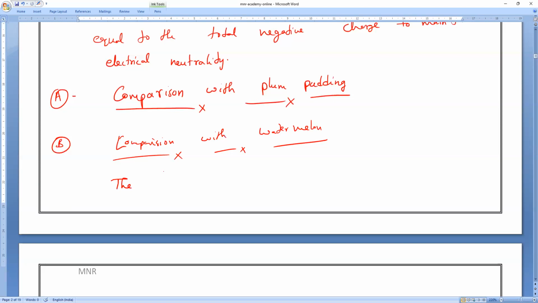He also compared the atom with the watermelon. The red edible part, which we can eat, of the watermelon represents positive charge.